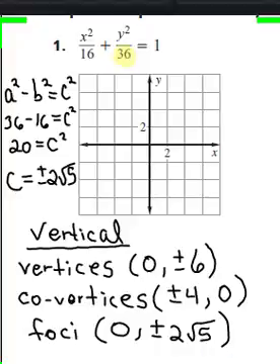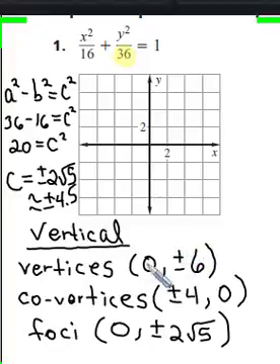The 2 square root of 5, okay, that's square root of 20, so that's approximately 4.5-ish. So it's 4.472. For our graphing purposes, approximately 4.5.